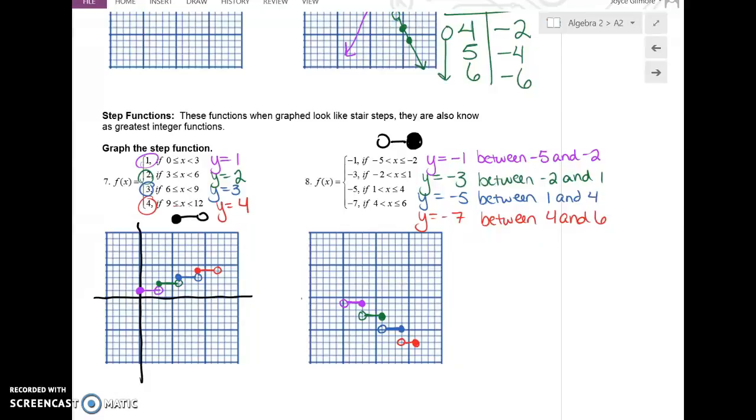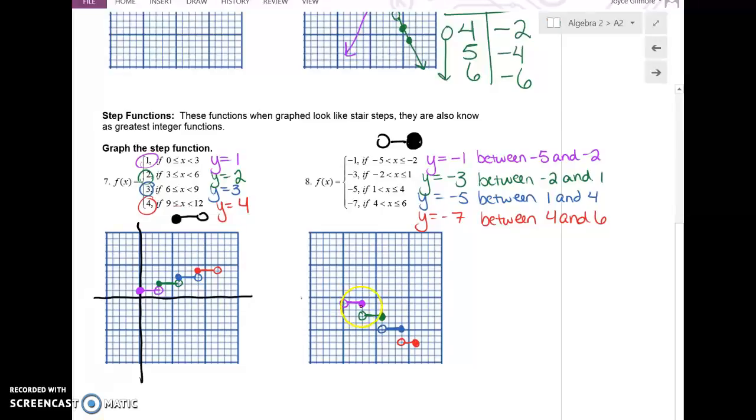Okay, so this particular step function is a collection of 4 horizontal lines. y equals -1, y equals -3, y equals -5, and y equals -7. And I just wrote this out using words. Instead of -5 is less than x is less than or equal to -2, I wrote between -5 and -2. So there's a horizontal line, y equals -1, between the x values of -5 and -2.